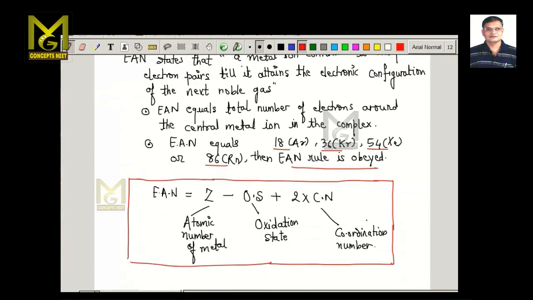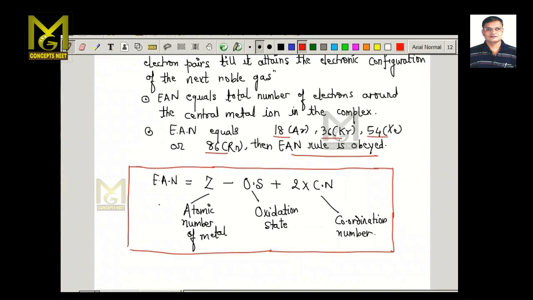Now the formula to calculate the effective atomic number is EAN = Z minus OS plus 2 into coordination number. Z is the atomic number of the metal in the complex, and OS is the oxidation state of the metal. This is a trick to calculate the effective atomic number.